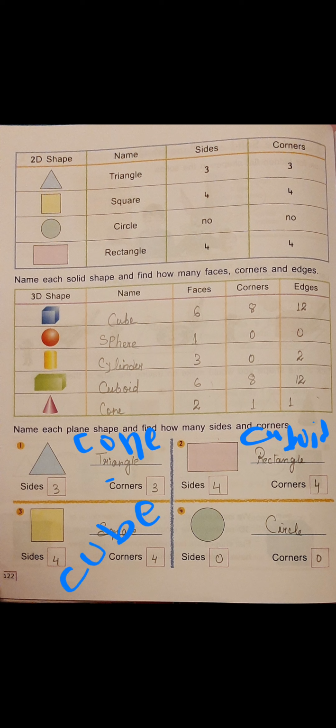C-U-B-E, cube. And this one is sphere, S-P-H-E-R-E. But I have given the simple names. You have to write the real names, okay? And after writing this, you have to write the sides and corners of these shapes, okay?